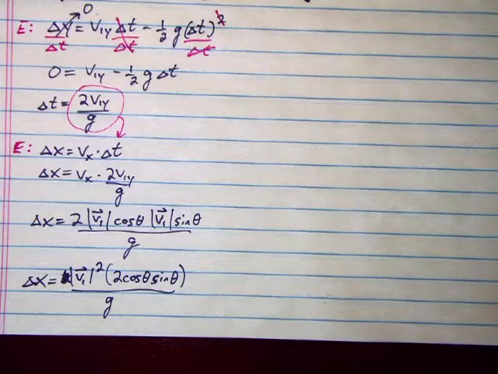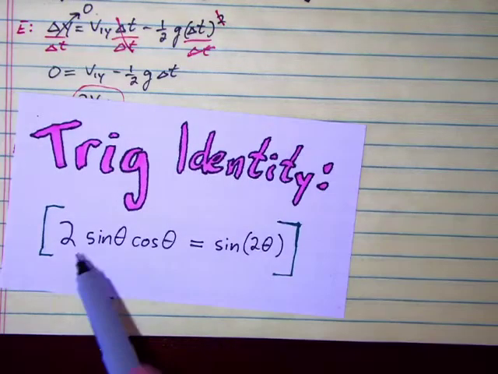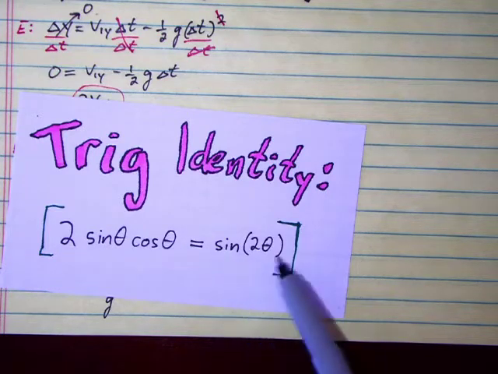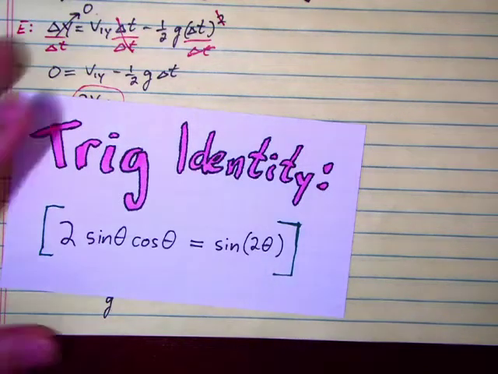Now, I pull a little trick out of my hat, a trigonometric identity. This expression, 2 times sine theta times cosine theta, can be shown to equal sine of twice that angle. We can replace this with sine 2 theta.